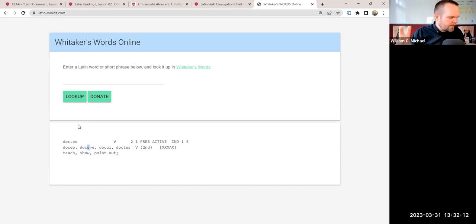So there's two ways to understand how it sounds. First of all, if you look back at the first person form, you'll notice that it's got an E in the ending. So it's got EO in the ending. That's your first sign that it's second conjugation. We'll see in the third conjugation, there's no E in the other forms. But it's also known by pronunciation, because when that vowel is long, we accent it.